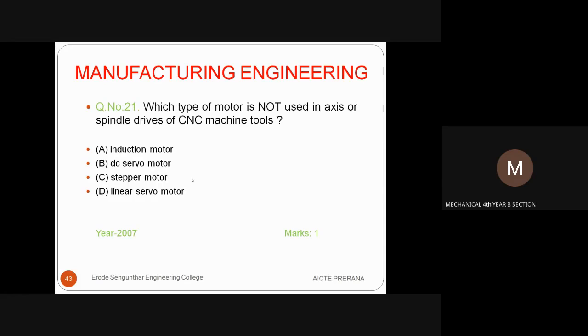Only a stepper motor is connected to a microprocessor or a microcontroller, and only then can we connect it to a system. The stepper motor is also capable of rotating in both clockwise and counterclockwise direction, but the torque is high because its rotation is not continuous. Let us see the explanation over here.